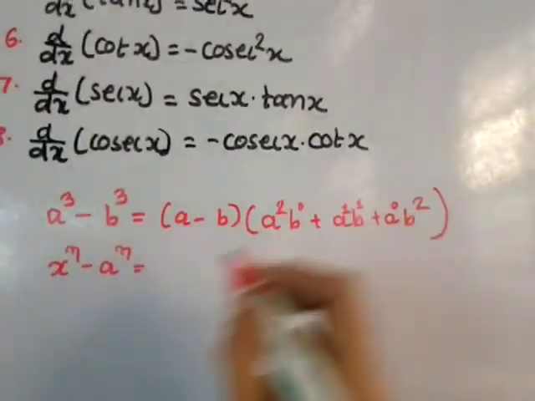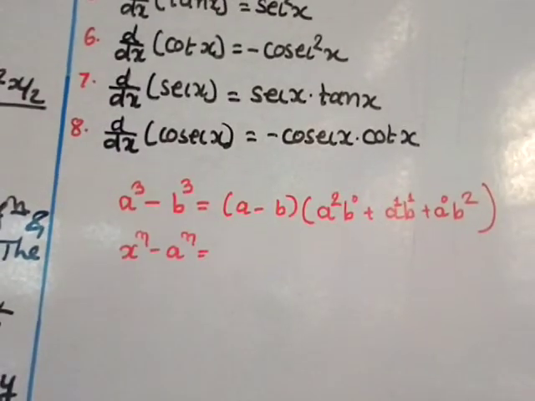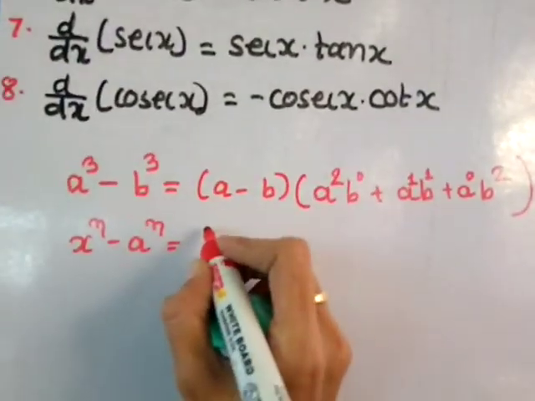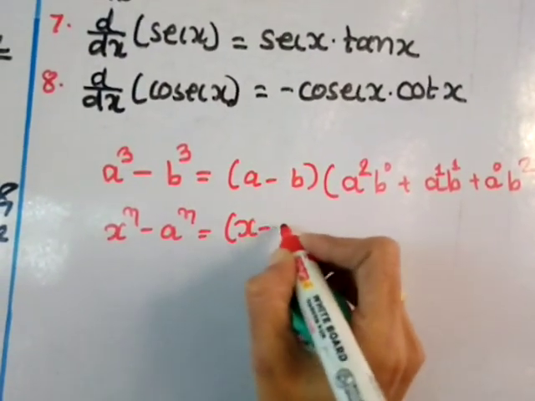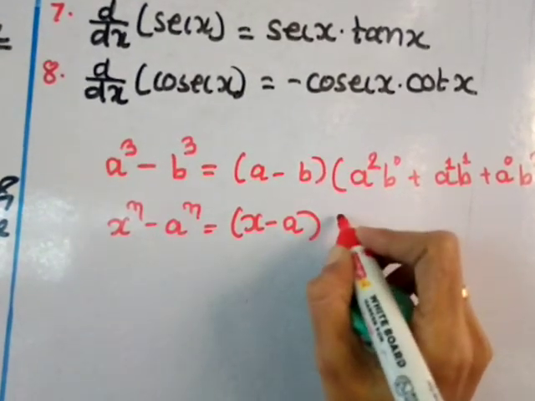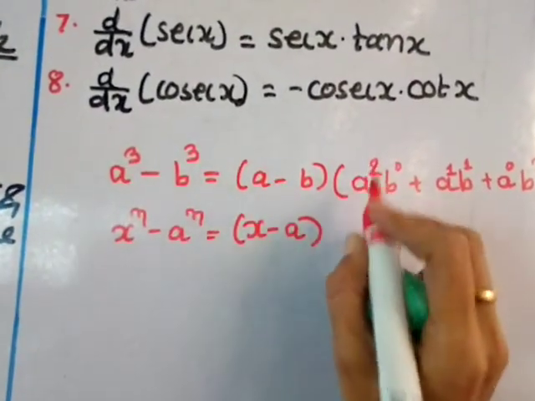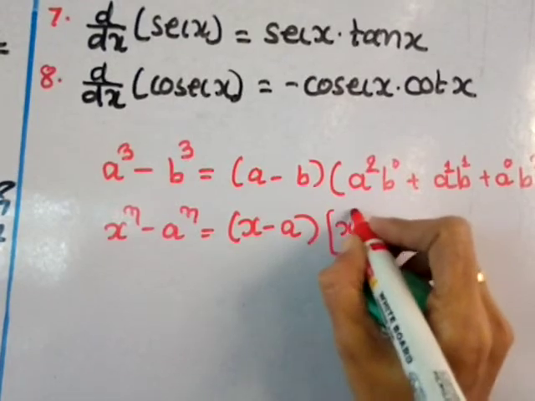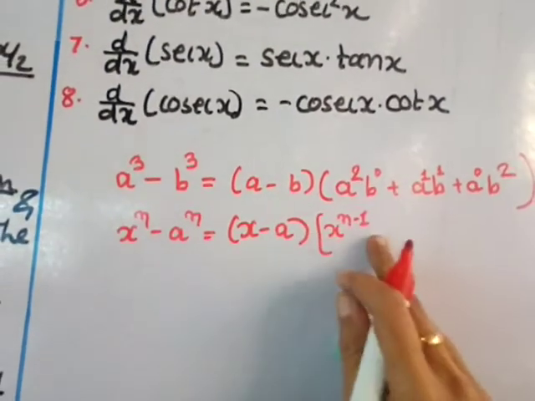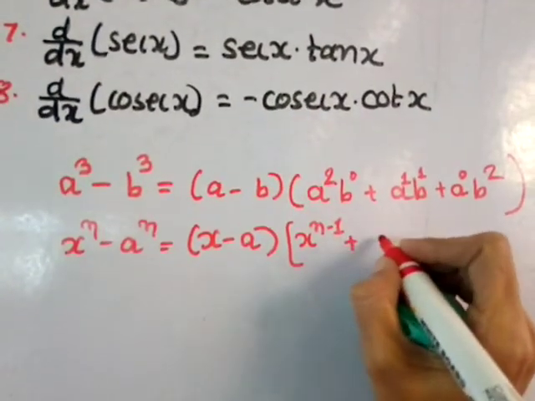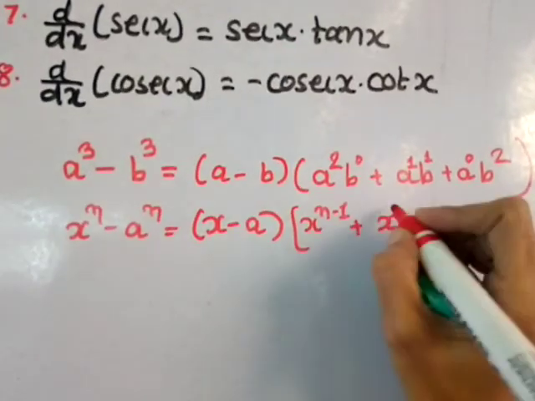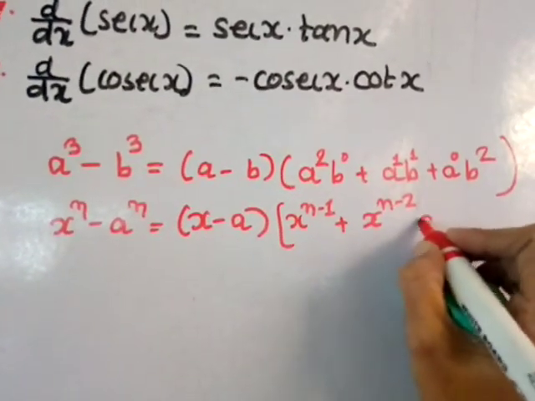Now similarly, if you want to write for this one, the first bracket is x minus a. And in the second bracket, here n is there, instead of 3, so you can write x power n minus 1, and a power 0 we do not write, plus x power one more term less, so n minus 2, and that time a power 1 will come.